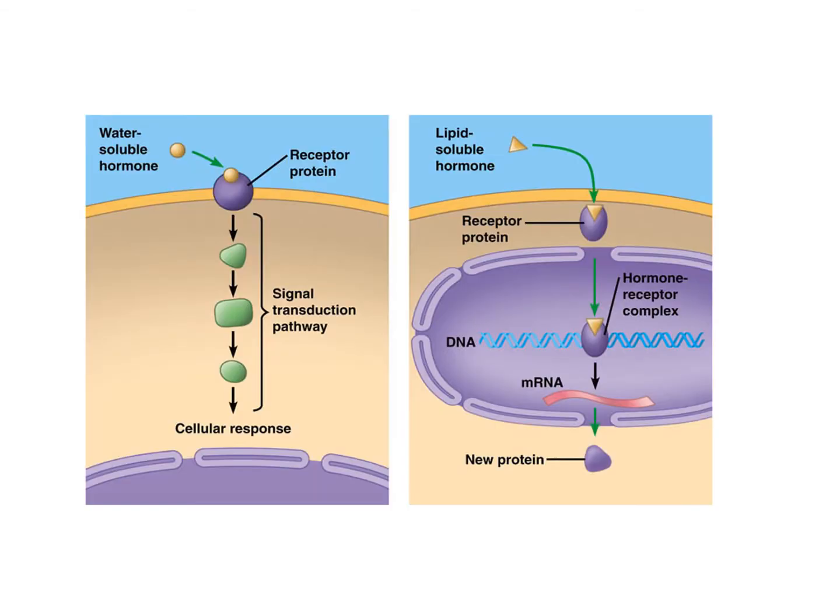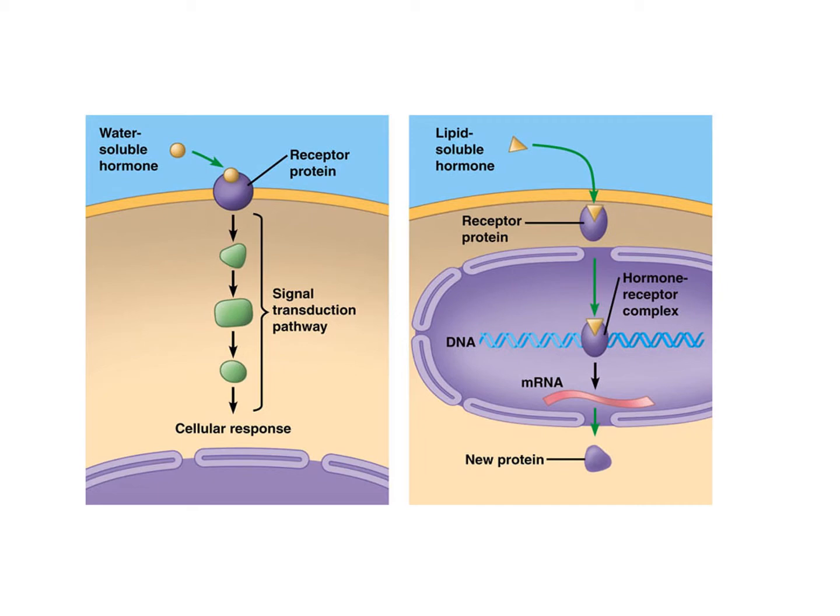So that idea of surface and internal receptors is captured in this image. On the left, we have a water-soluble hormone, such as, let's say, a protein or an amino acid derivative. It is binding to a receptor and working in an indirect fashion.